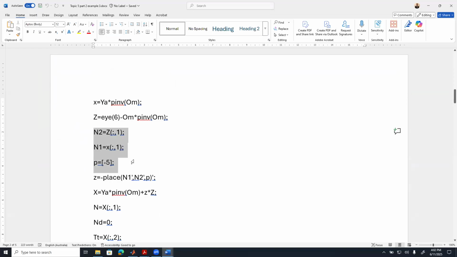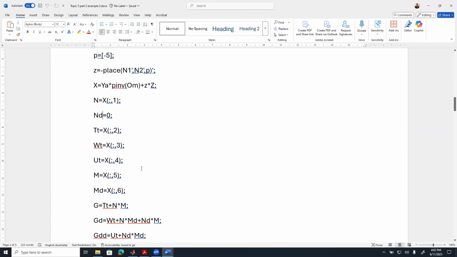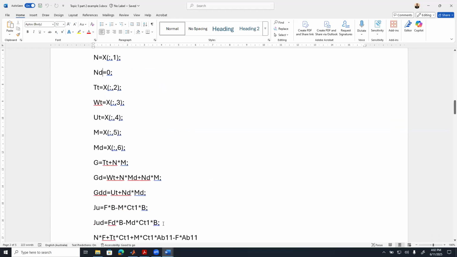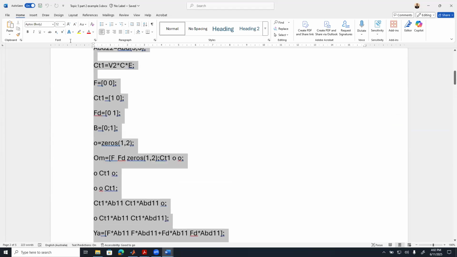And so what we did in here, we just pick a pole at -5, and we just simply work out the pole placement. We obtain Z, and then we get the rest of the matrix, and then we pick those parameters of the matrix X, where we pick N and D, of course, 0, T tilde, W tilde, and so on. And then we realize the rest of the observer parameters.